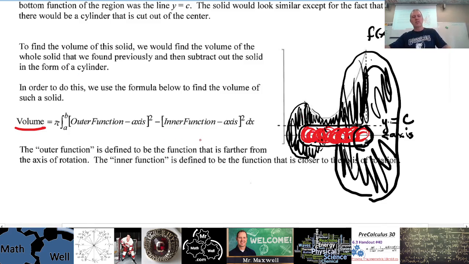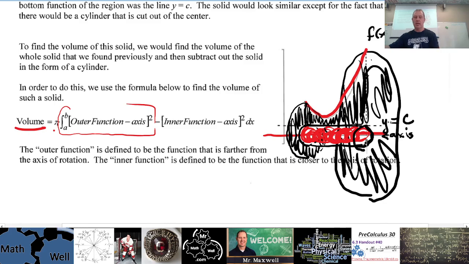And so you could write this as one big integral. The volume equals pi times the integral of what? The outer function. In this case, that would be the function that's furthest away from the axis of rotation, the outer function minus the axis of rotation.